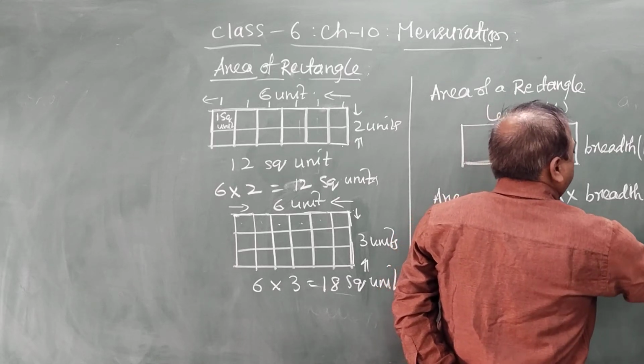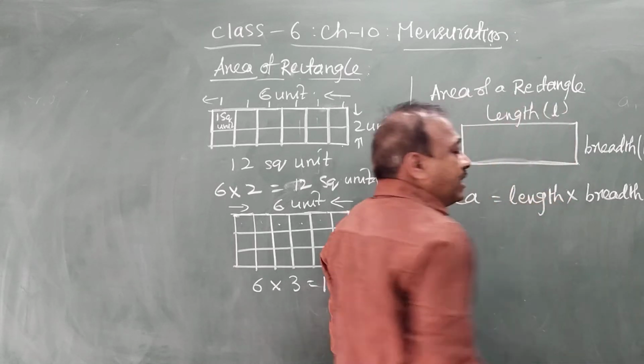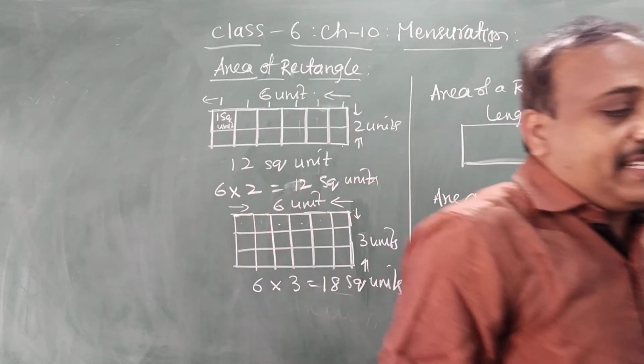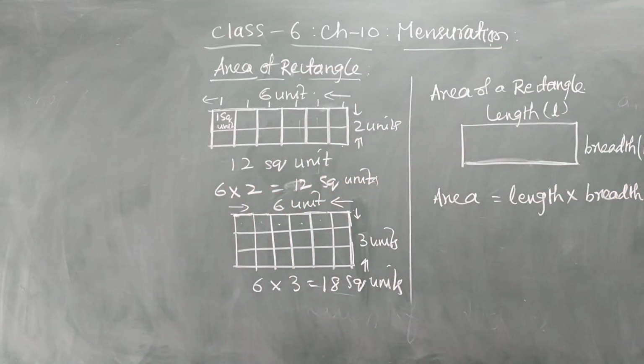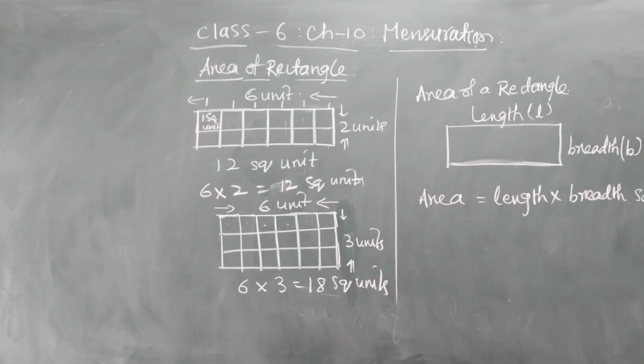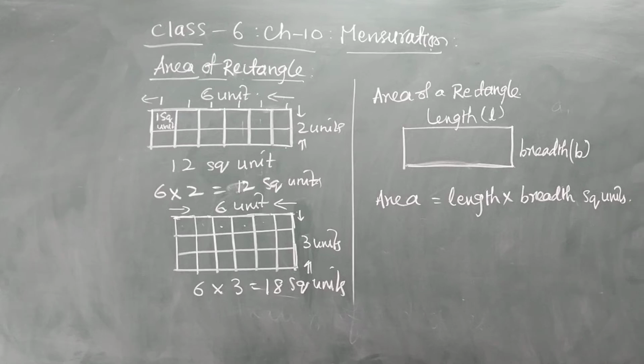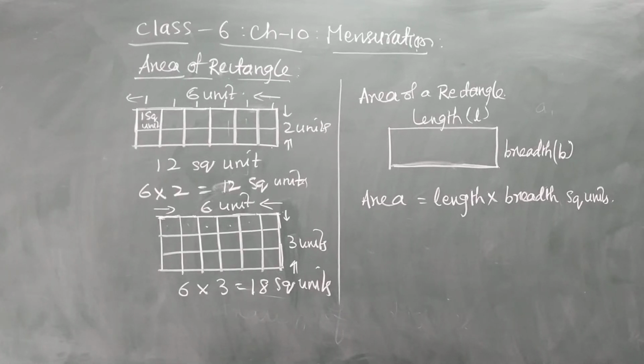As per the units, we write as per the distance. Like for meters, we write square meters. If it is centimeters, we write square centimeters. So length into breadth, square units.